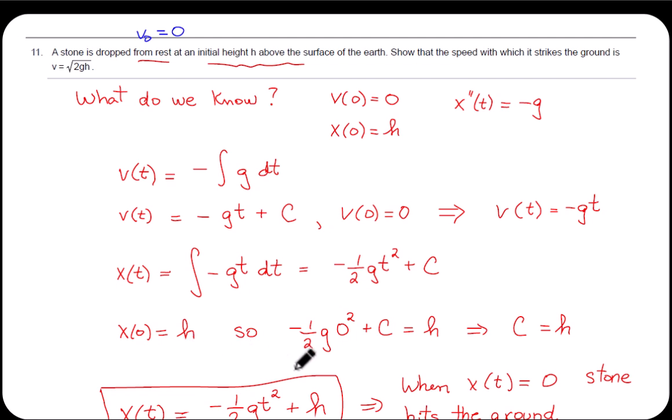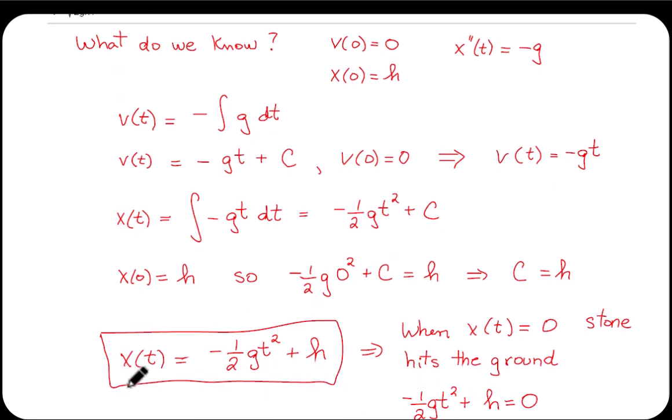And so we figure out that the c is h. All right, so x of t is minus 1/2 gt squared plus h. And that's when the stone hits the ground, position of 0.